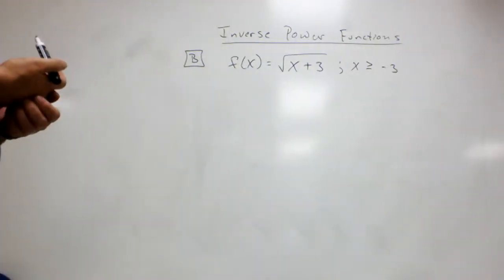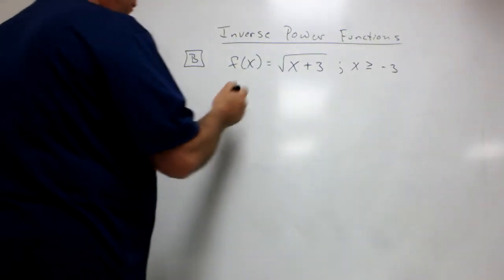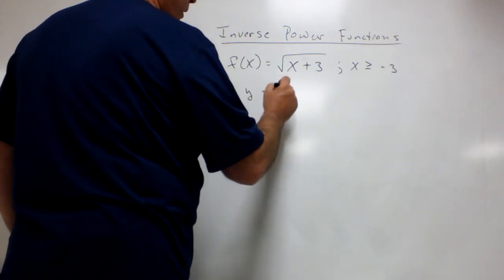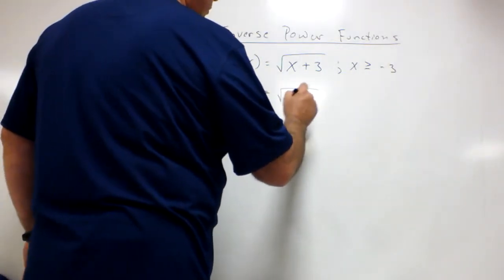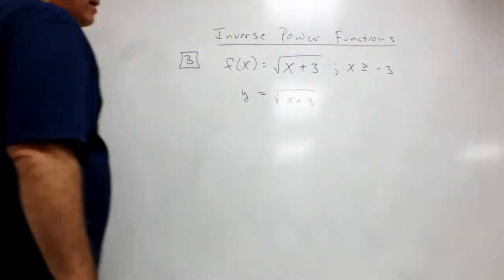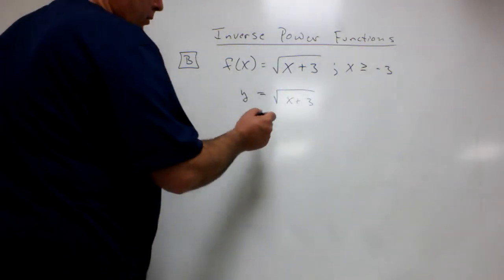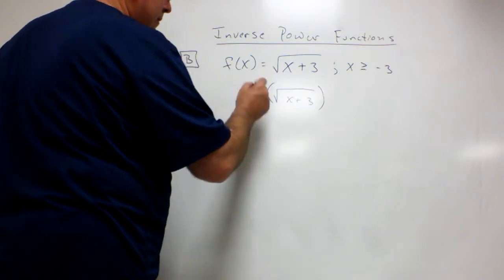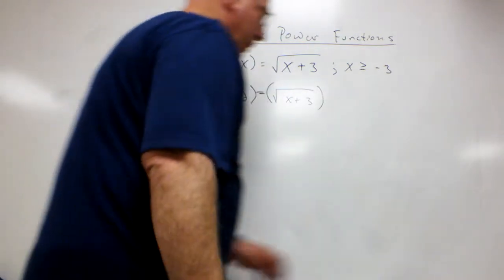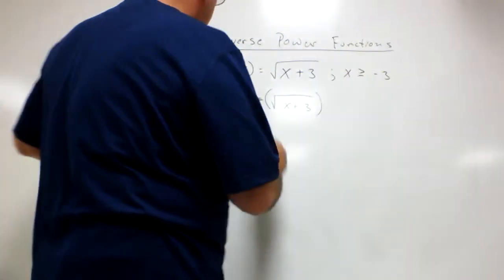Okay? So if we're going to find the inverse of this function, we say that y equals the square root of x plus 3. Then we let x and y change places.